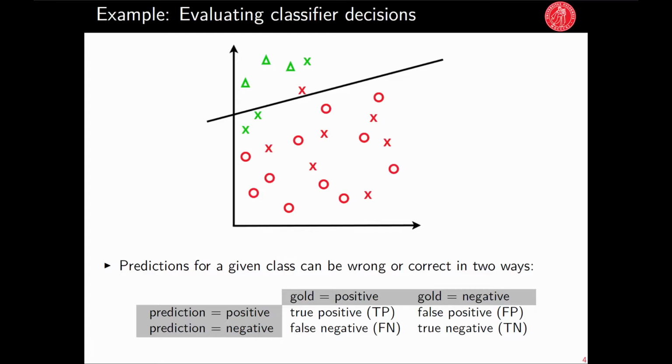If it's red, it's labeled as belonging to the majority class, non-spam. Now we'll see how each of these predictions made by our classifier can be wrong or correct in different ways, and that corresponds to these categories that we see at the bottom here.